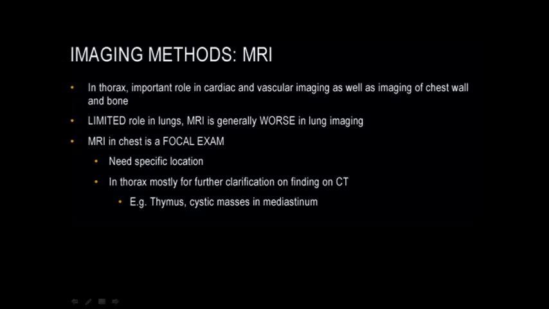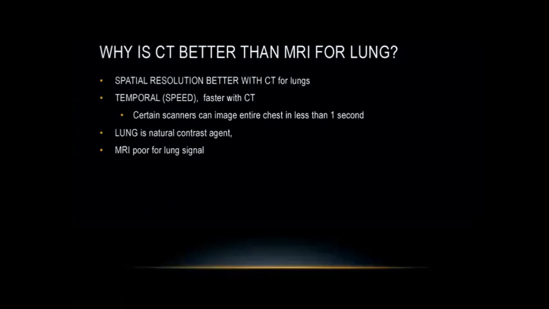Lungs contain not a lot of water, not much hydrogen, and the MRI image is poor as a result. MRI in the chest is a focal exam. It needs a specific location, and in the thorax it's mostly used for further clarification of a finding on CT, for example, for thymus, cystic masses in the mediastinum, and so on.